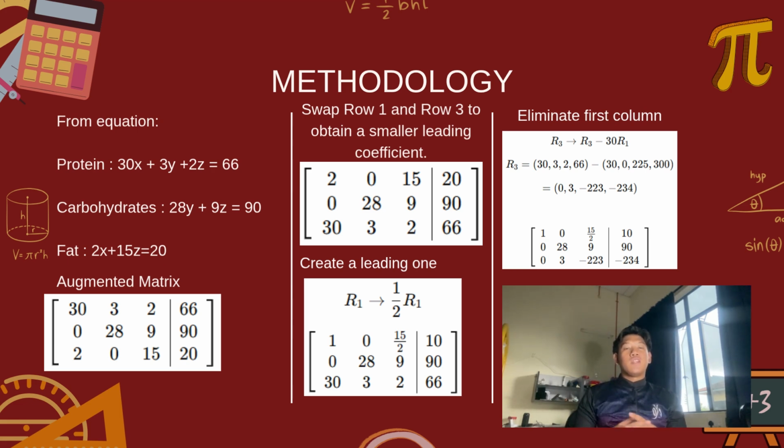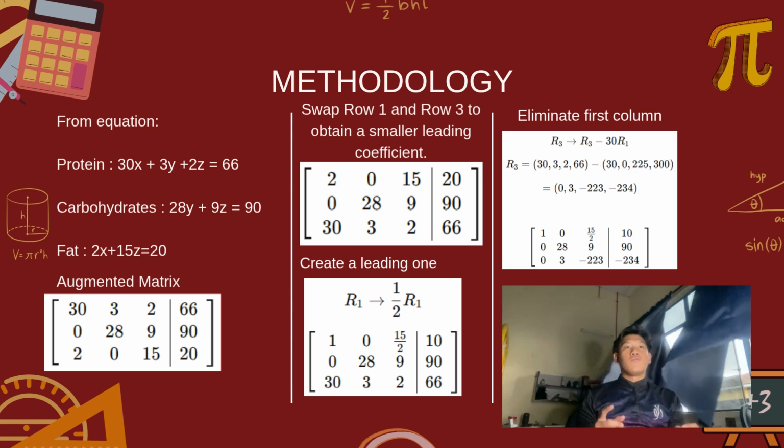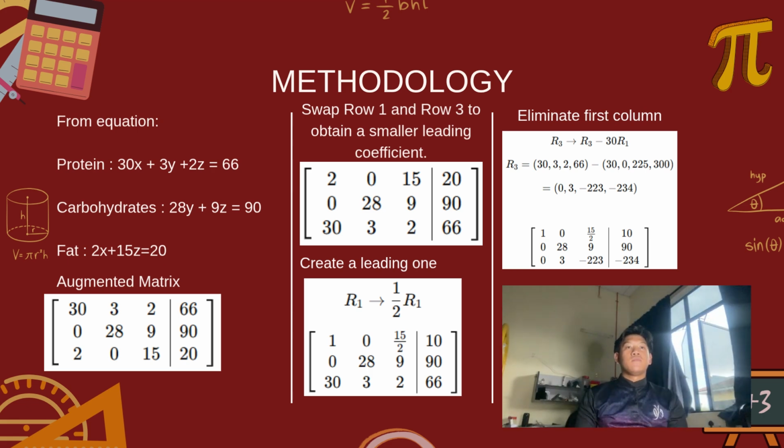Then, we create a leading one by dividing row 1 by 2 and insert it into row 1. Then, we eliminate the first column by multiplying row 1 and making row 3 subtract with row 1 as shown.